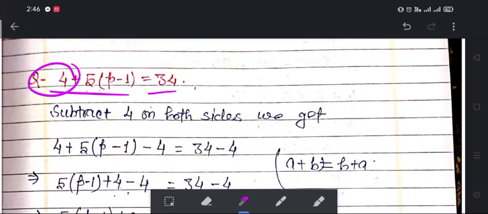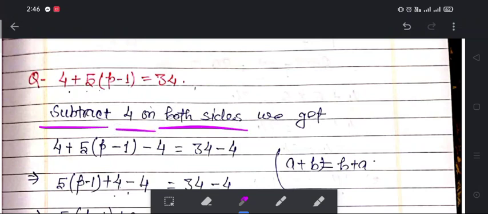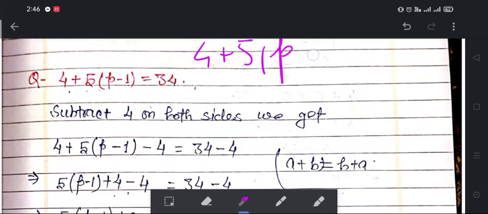So here 4 is added, therefore we use the reverse operation of addition, and here we shall subtract 4 from both sides. So we write subtracting 4 on both sides we get 4 plus 5 into p minus 1 minus 4 is equal to 34 minus 4.